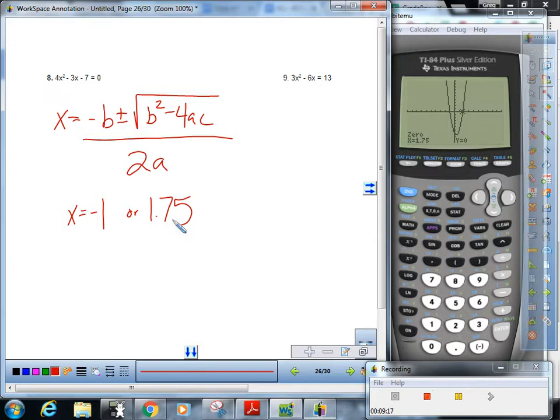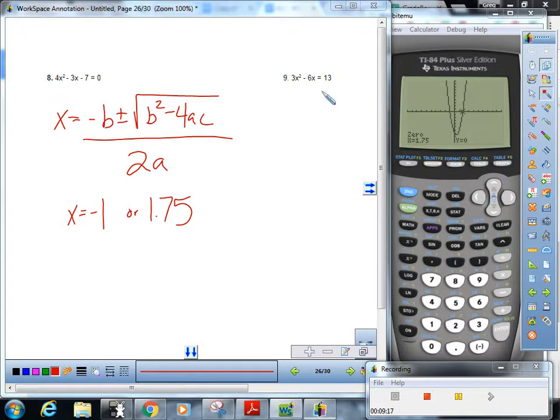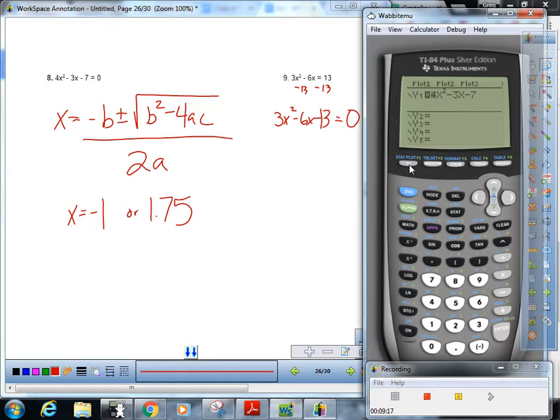Okay? Last one. You guys are doing great. We have a little bit of work to do, so what do we want to do to each side of this equation to start? Subtract 13 from both sides. So you get 3x squared minus 6x minus 13 equals 0. Back to the calc.